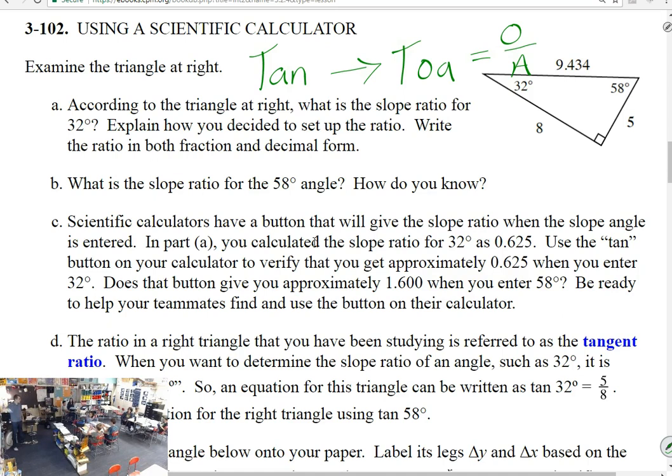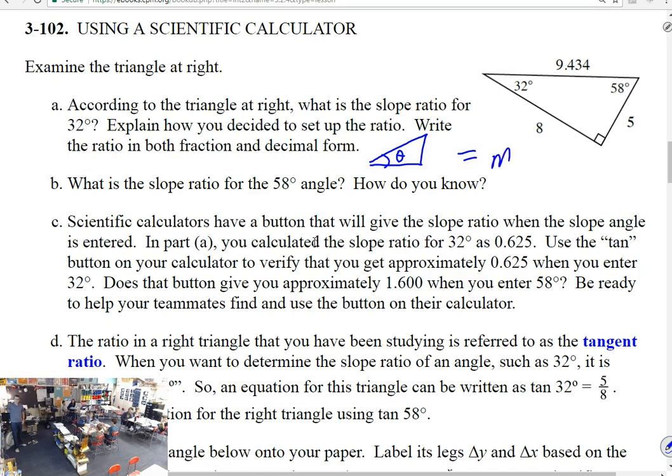What this is actually talking about is some triangle with an angle that is our slope angle will create a slope of a certain proportion, which is your O and your A. The only thing that tangent is doing is saying, oh, where in the trig table can I find your rise and run ratio?